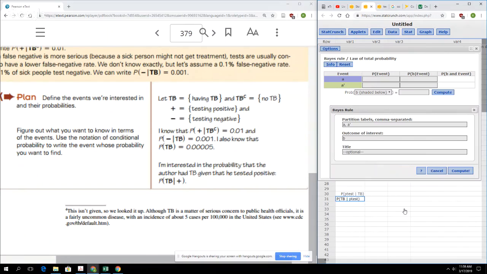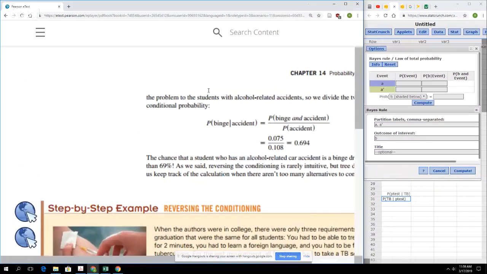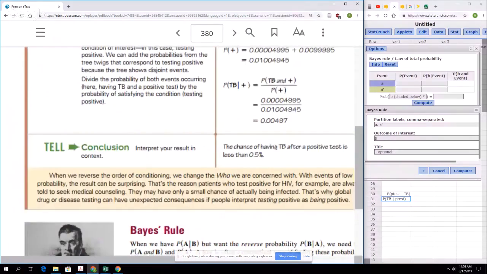Okay. And StatCrunch has a method for this. I find it easier to use than the test2 workbook method. And remember, you can always draw a tree. You can always draw a tree and do this calculation, right?